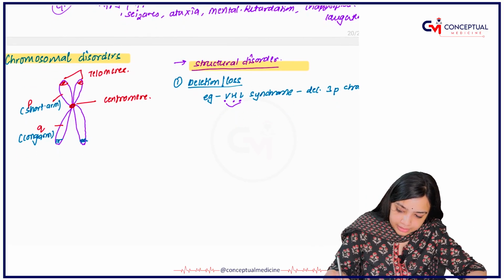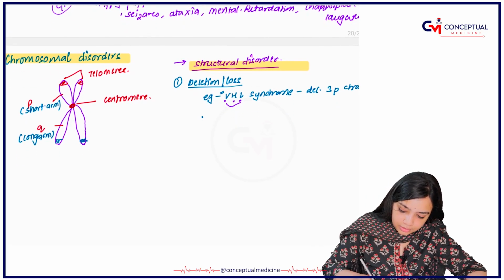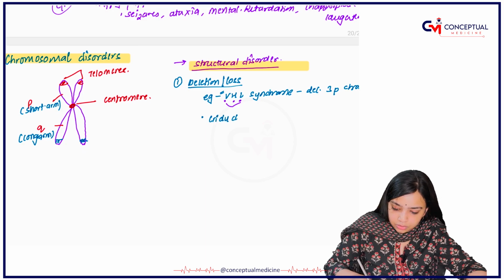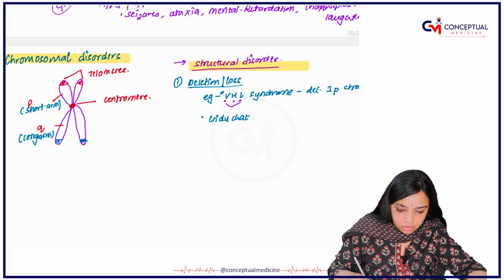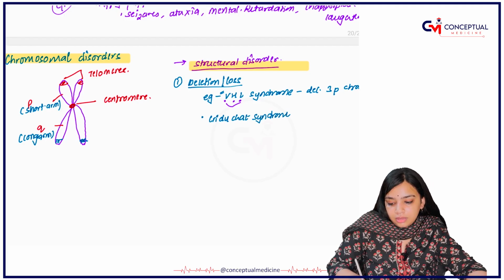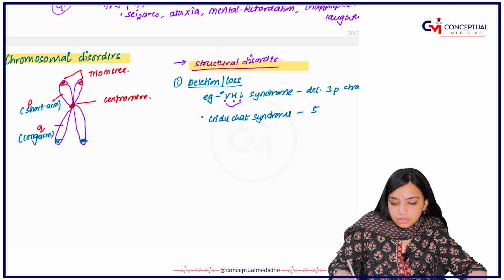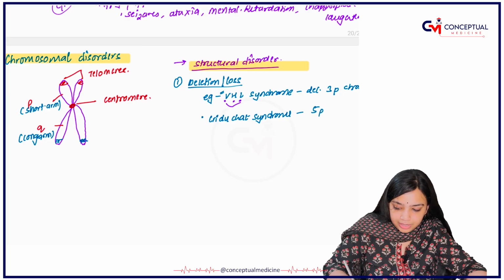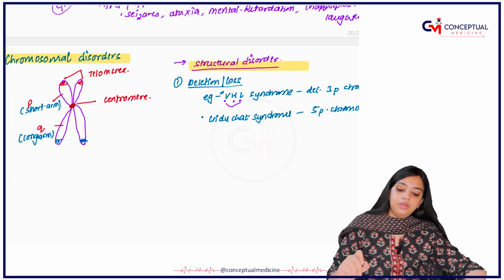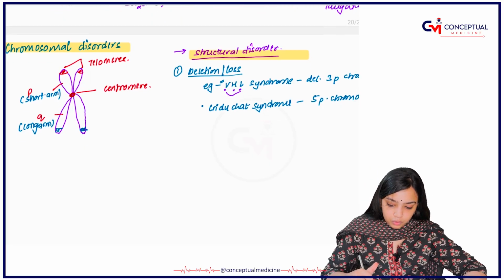Next example that I want to give you is the Cri-du-chat syndrome. What happens here? Here there is deletion of the 5p chromosome.